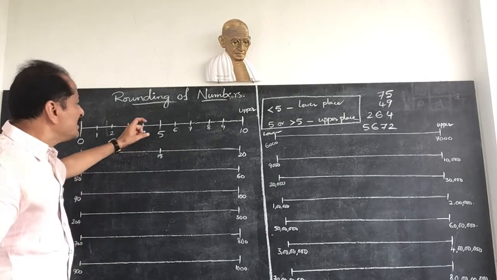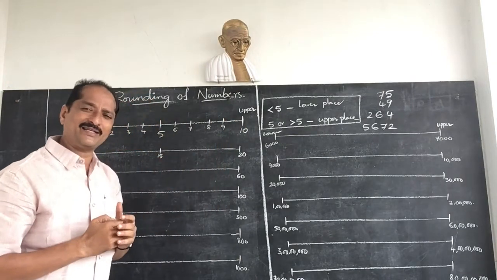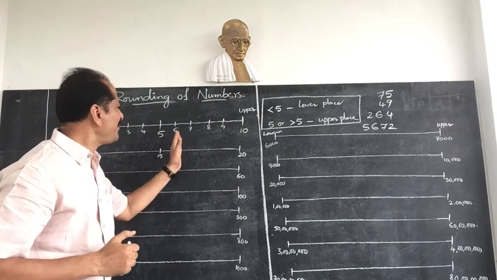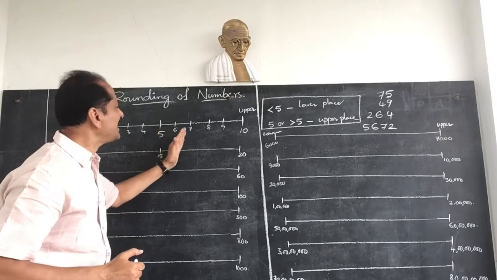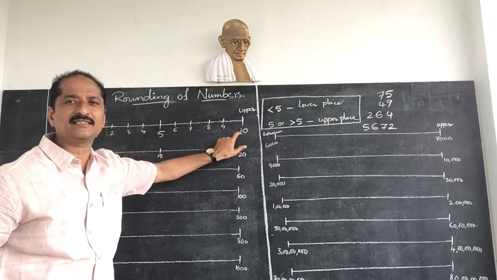Now, this 5 can be rounded to next greater place only. That means 5 and above 5, all the numbers can be rounded to upper place. That is round up to 10.